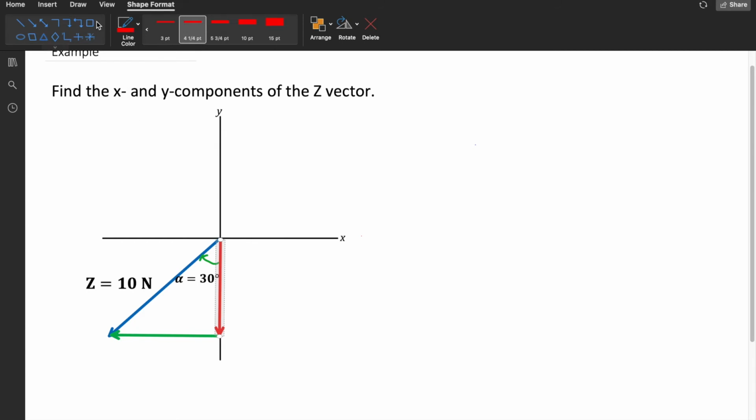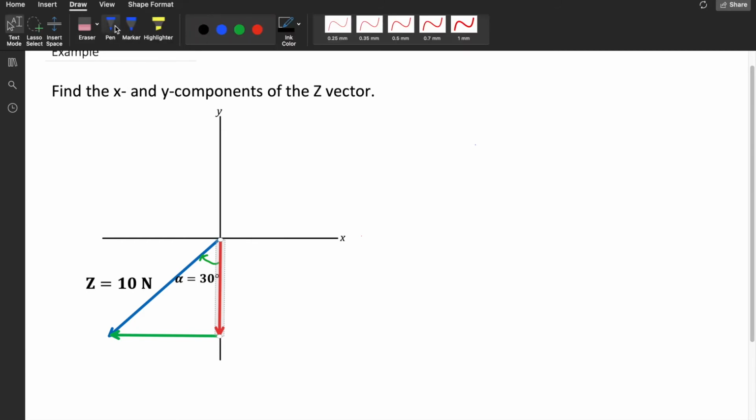So let's label these things: ZX, and then the other one is ZY. The trigonometric functions that we'll be using are these two.